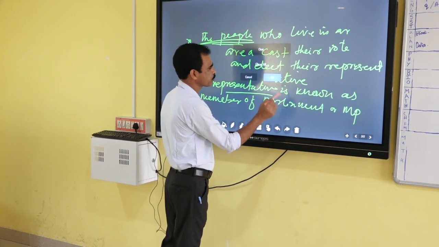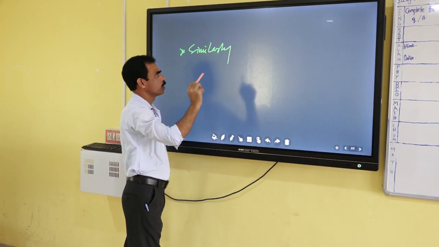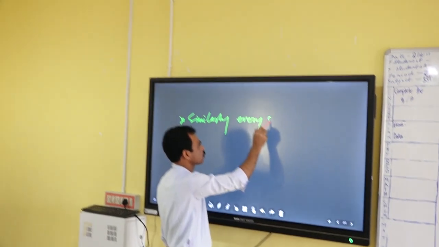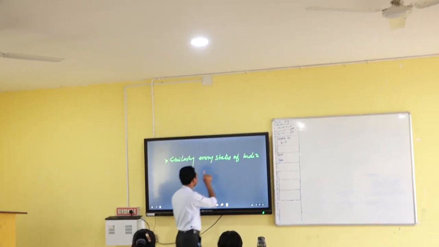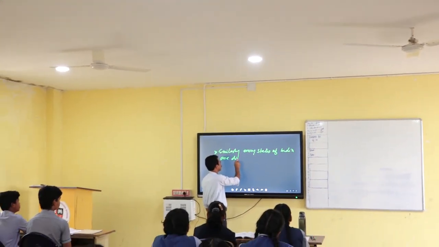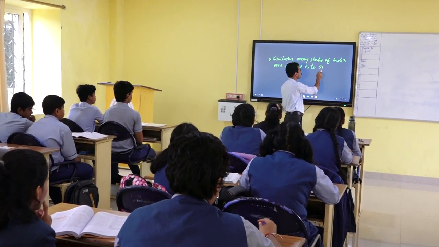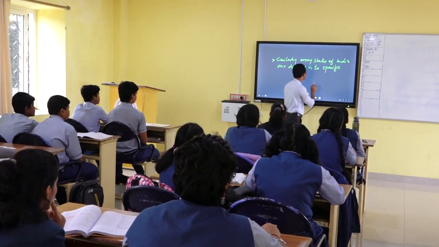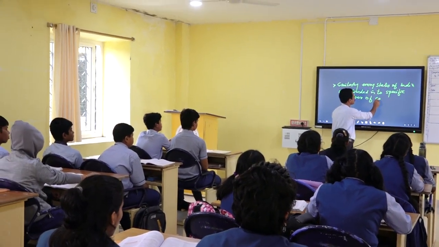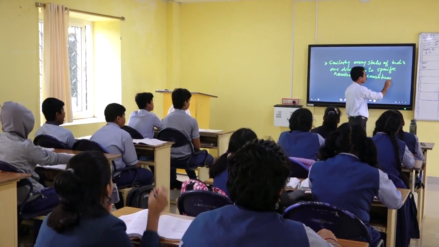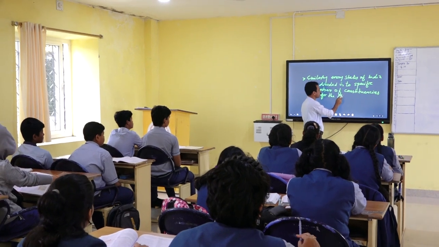So similarly, every state of India is divided into a specific number of constituencies for the assembly election.